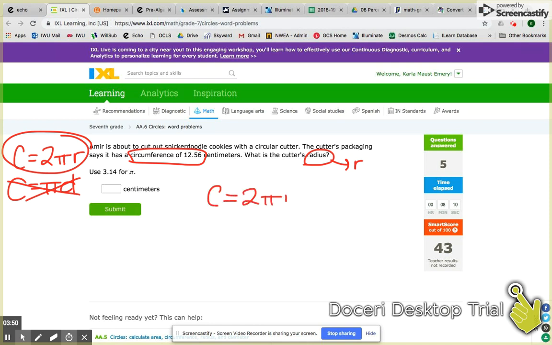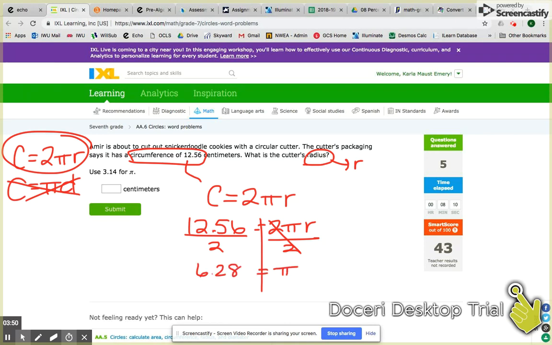So let's put down our formula. C is equal to 2 pi r, and we're going to substitute in what we know. And we know that the circumference is 12.56. So I'm going to put 12.56 in here. Okay, 2 pi r. Okay, so this is just solving an equation, and you guys know how to do that. We're going to divide each side by 2 first to get rid of this 2. I put 12.56 divided by 2 into my calculator, and I get 6.28.